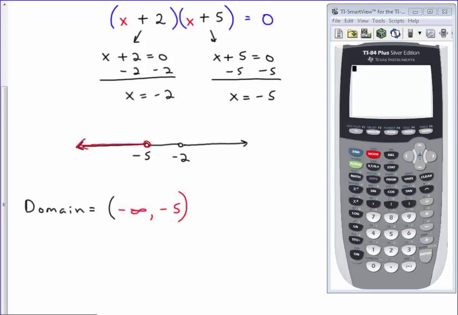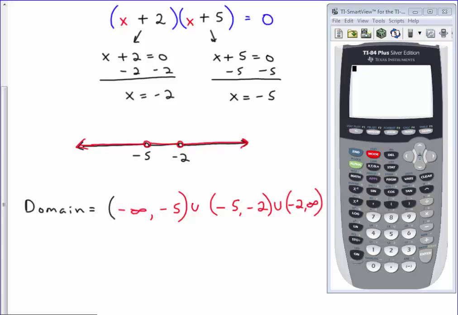Now, if you are connecting more than one interval together, we're going to use what we call a union sign. Then I would need to go from negative 5 to negative 2, but neither the negative 5 nor the negative 2 can be included. So negative 5 to negative 2, use parentheses around each of those. Put another union sign, and then from negative 2 you go all the way to the right, so it would be negative 2 to infinity.